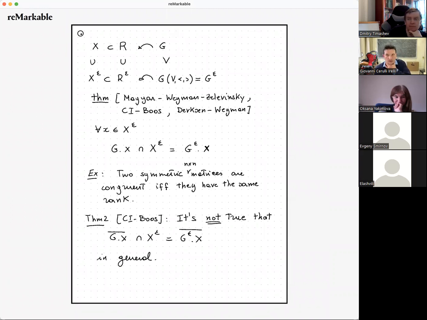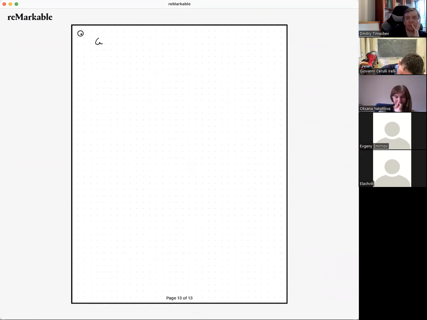And so we have a counterexample that I want to mention, because this counterexample comes from our study of B orbits. So it was inspired by the following.